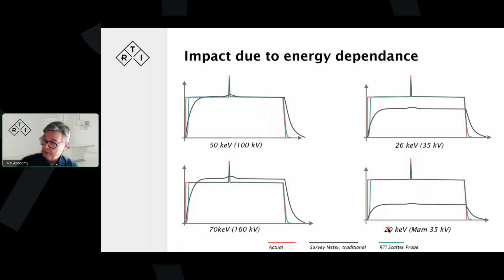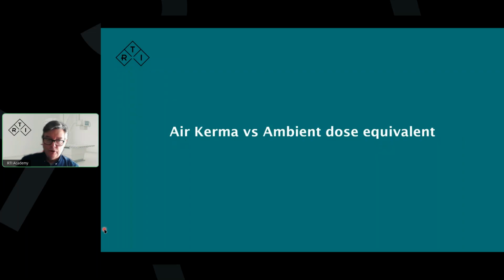And if we're looking at 20 keV, which is mammography with rather high kV, but still 20 keV, it would severely underestimate the dosage if you don't do the manual compensation for it, which our experience is that, well, sometimes it's not taken into account.